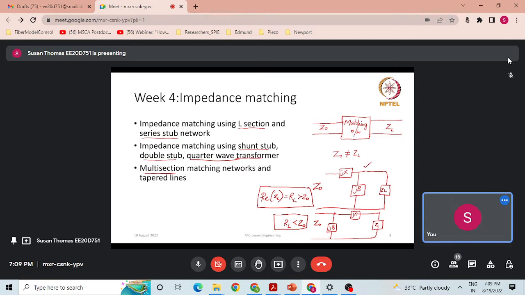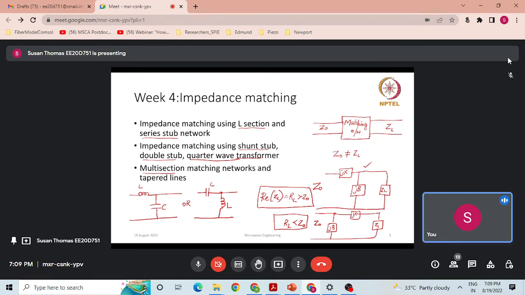As an example of an L section network, you have a series inductance and a parallel capacitance, or you can also have a series capacitance first and then a parallel inductance later. These are the kind of actual L section networks we use for matching from Z0 to ZL.